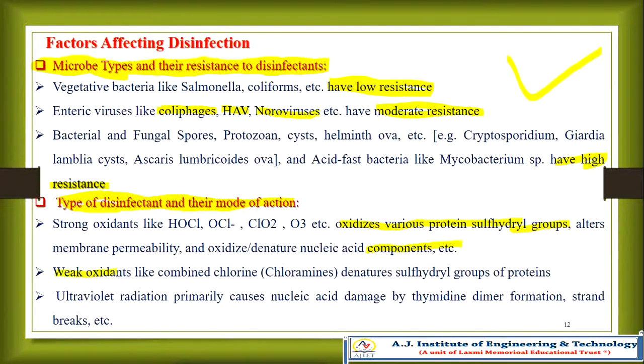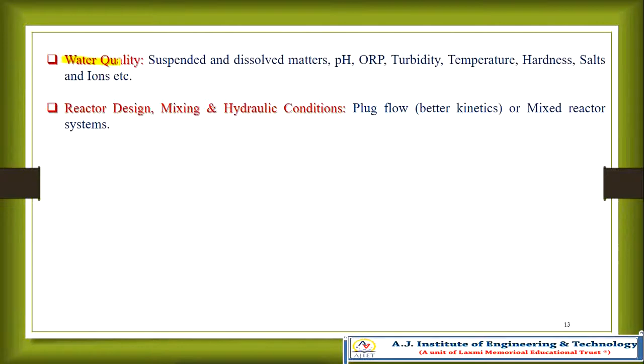Weak oxidants like combined chlorine denature the sulfhydryl groups of the proteins. Ultraviolet rays primarily cause nucleic acid damage. Very important is the mode of action of the disinfectant. And water quality: suspended and dissolved matter like pH, ORP, turbidity, temperature, hardness and salt ions are also factors which affect disinfection.